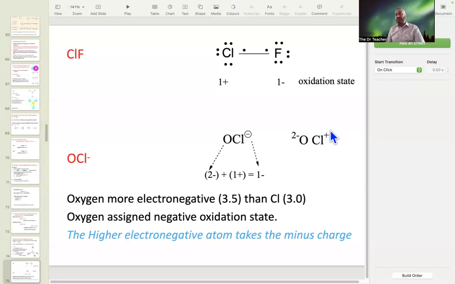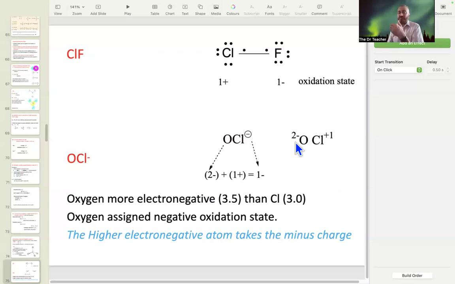So the chlorine should be 2 plus. But here you have the minus, so 1 minus remaining. So now the chlorine inside OCl minus has an oxidation state of +1. You see the chlorine is +1, because the oxygen has 2 minuses.